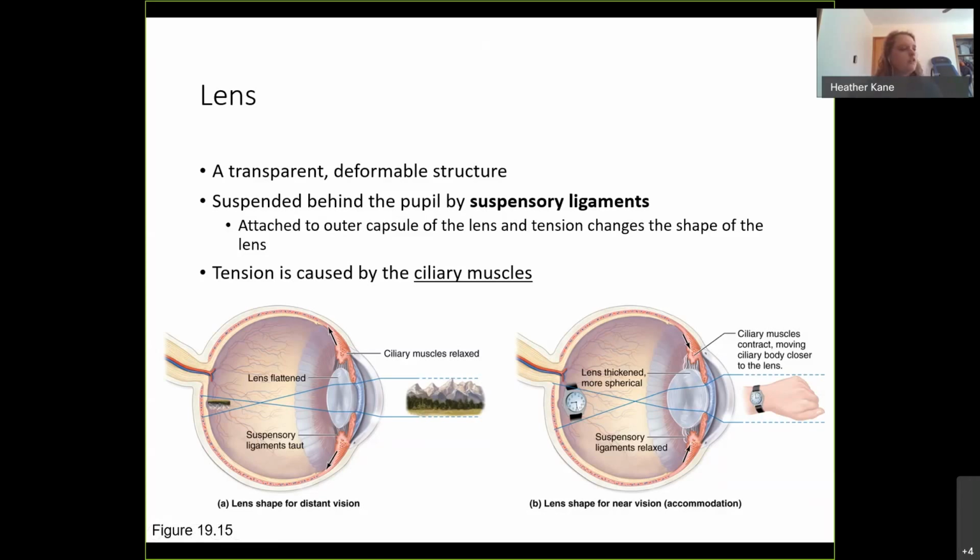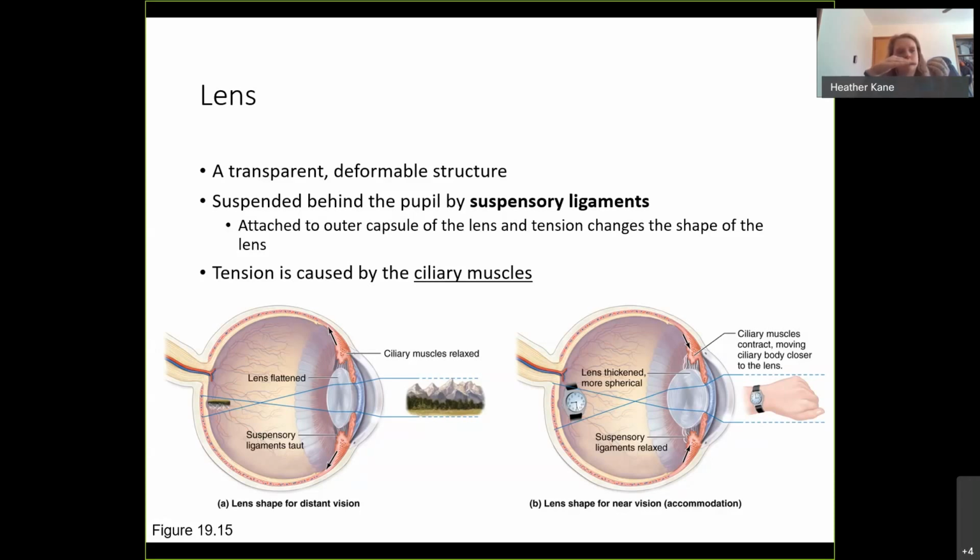So when you're looking at something far away, those muscles are going to relax. When they relax, they're going to kind of spread farther away from the lens, and therefore those suspensory ligaments are going to be very taut. When that happens, it's going to cause that lens to go from this disc shape to a more flattened shape.